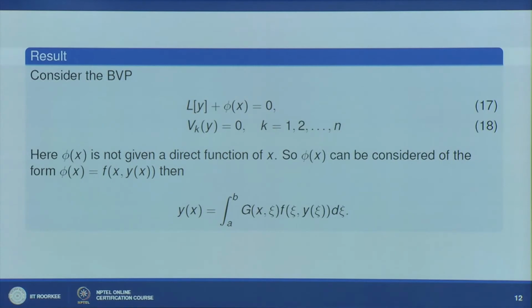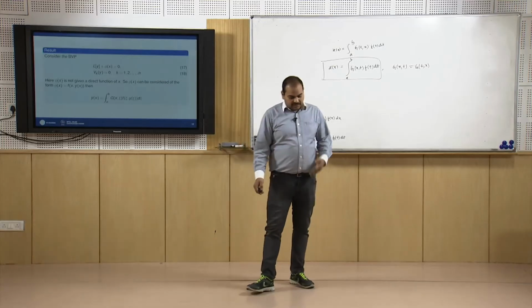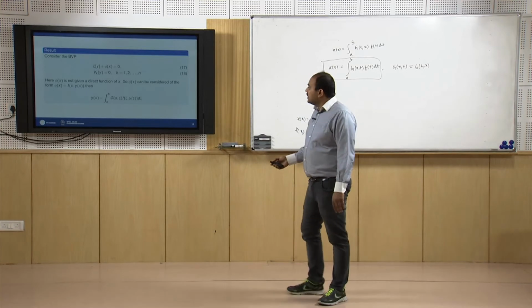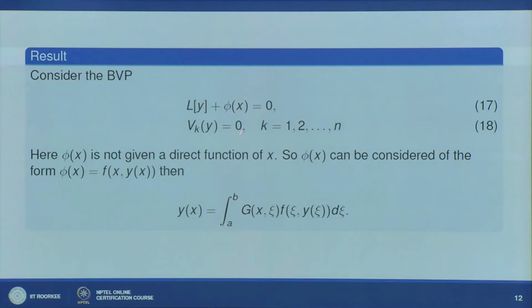So now let us look at the next result, which says that if this function phi(x) is not a direct function of x, maybe it is also involving the unknown function y(x), then you can say that phi(x) is written as f(x, y(x)). Then the solution we can write as y(x) equal to integral a to b g(x, ξ) f(ξ, y(ξ)) dξ.